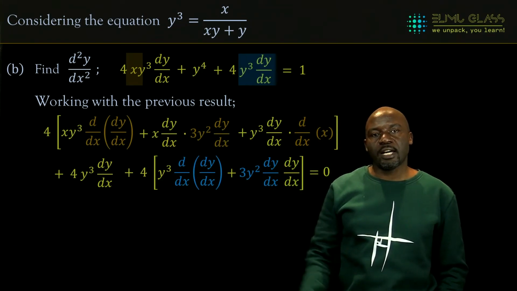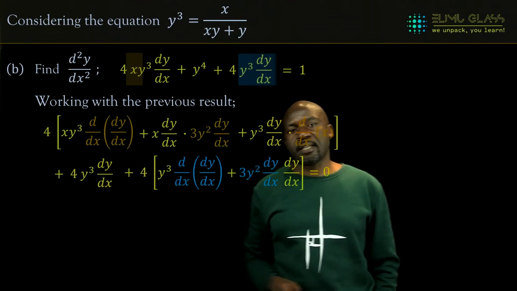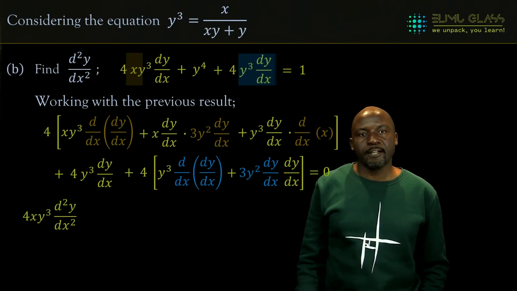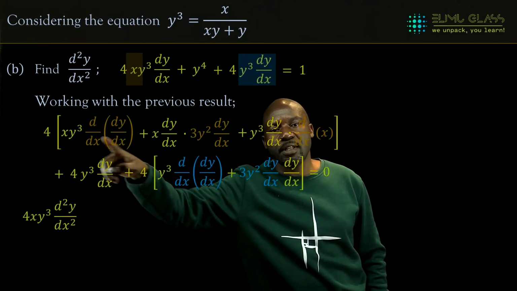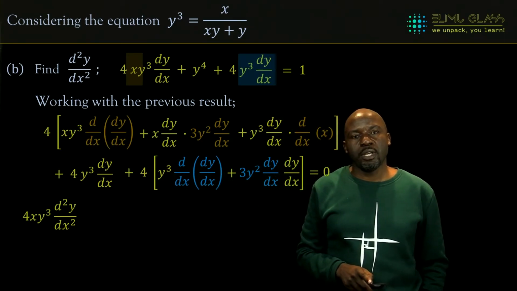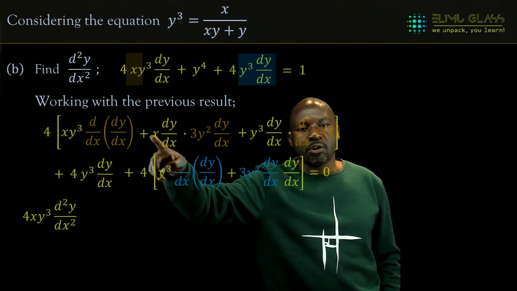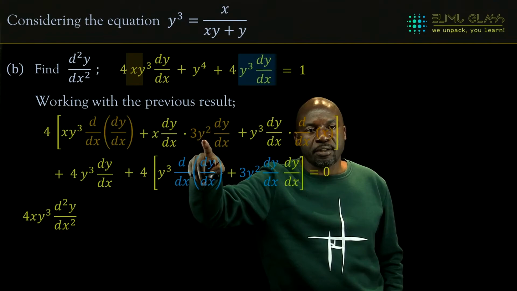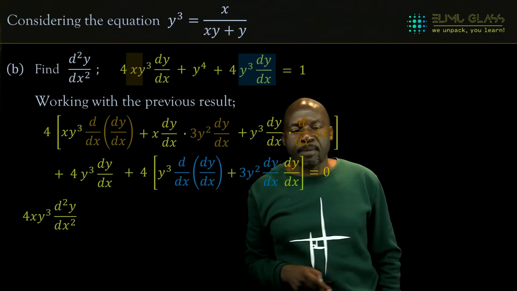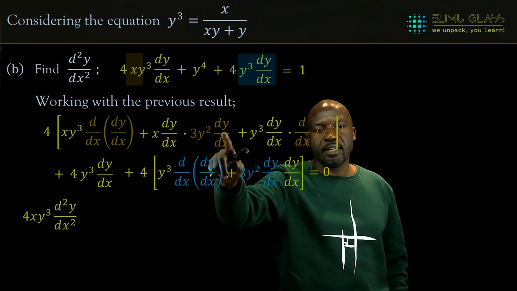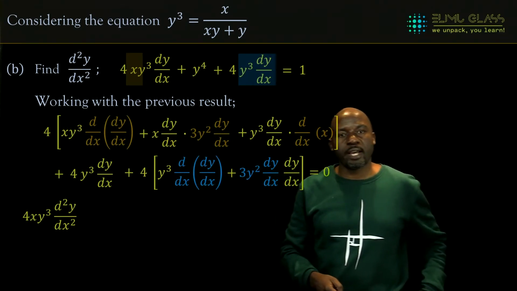If we simplify that, that gives me 4xy cubed d squared y by dx squared. That's that first 4 times this. The next one is going to be 12 because 4 times 3. So 12xy squared dy by dx, everything squared, because there's a dy by dx here and dy by dx there, so we are squaring that.